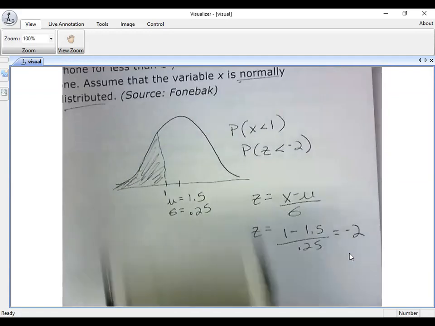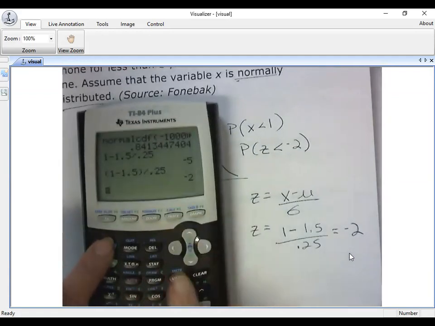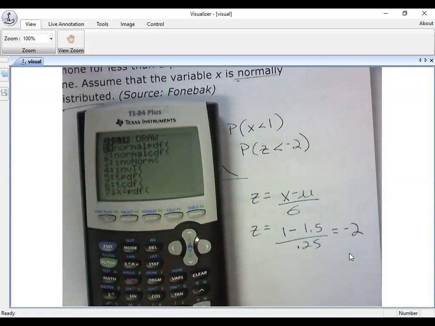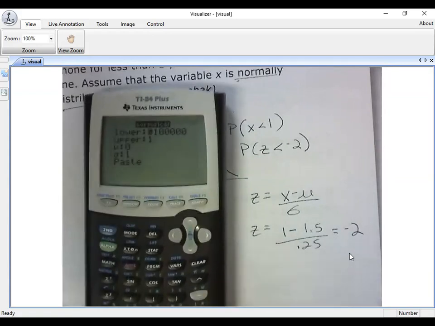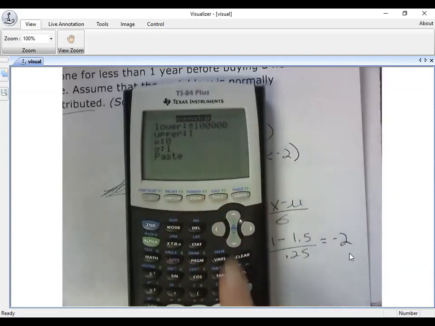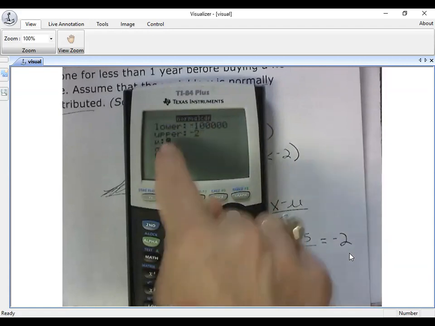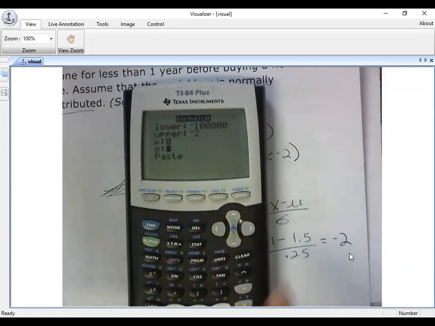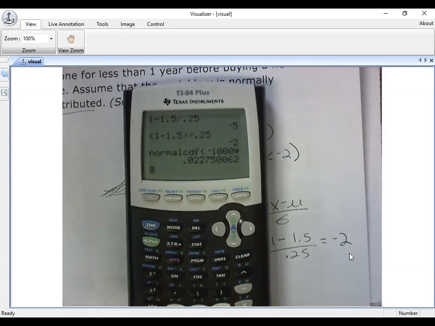If I did it in the calculator and I did second vars and I choose normal CDF, then I could leave that because I'm in the tail on the left side. Okay, so I could leave that number, but I'd put in an upper value of -2 with a mean of 0 and a standard deviation of 1. And there's 0.0228 when I round to the nearest 10,000th.